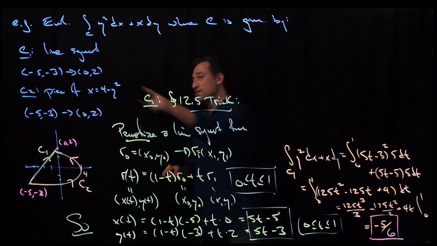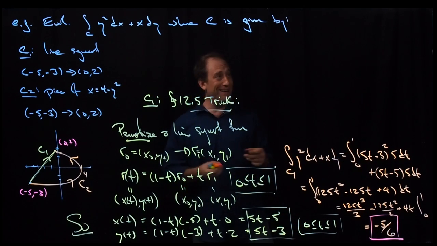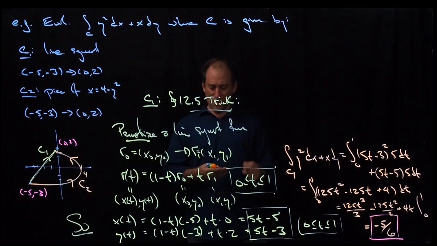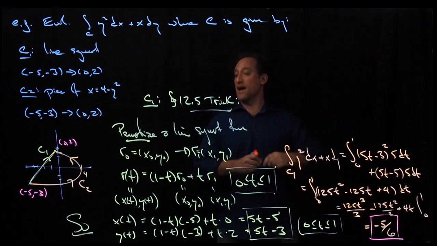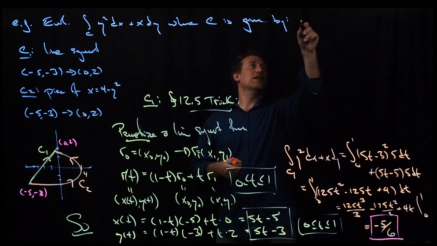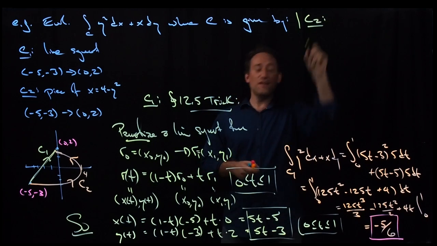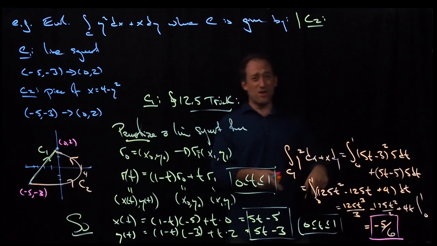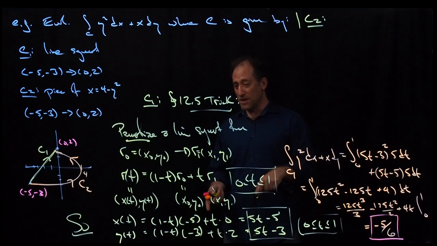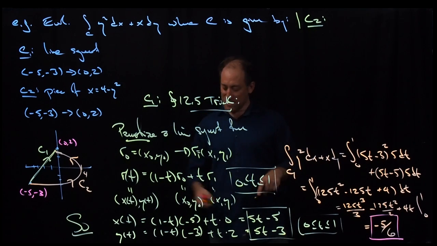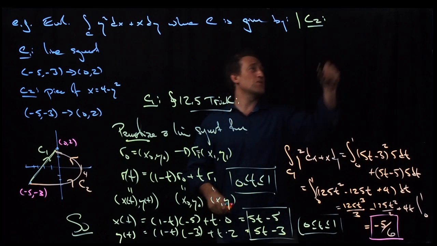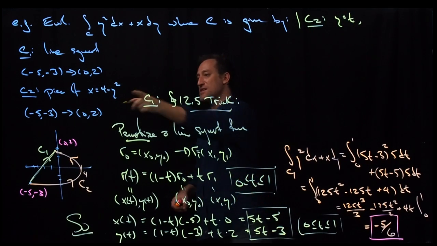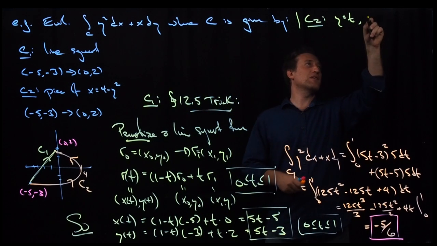What of the integral not along C1, but along C2? We do this here, then. Specifically, again, I need to begin by parametrizing. I'm going to parametrize not a line segment, but a piece of the parabola. I think it's easiest to take y equal to t, in which case x will be 4 minus t squared.